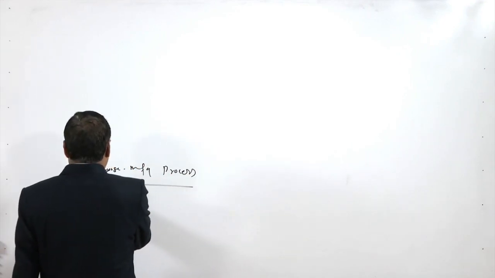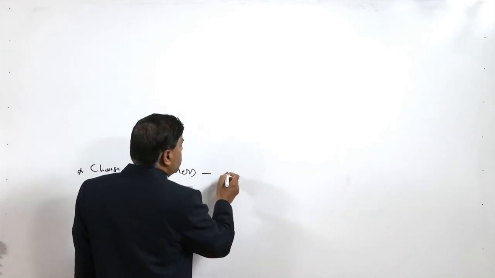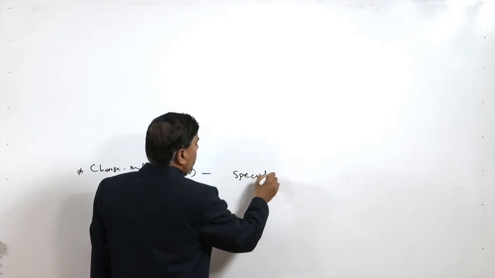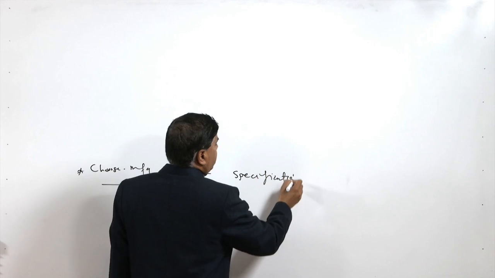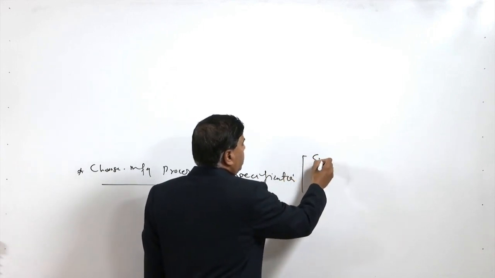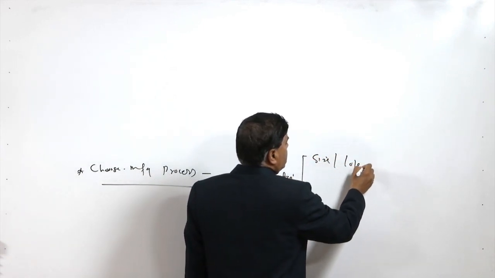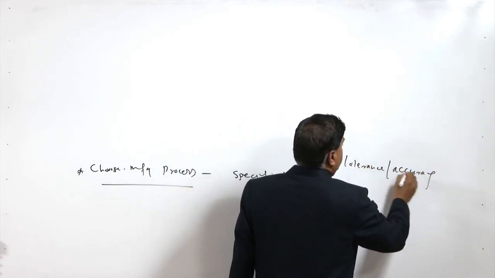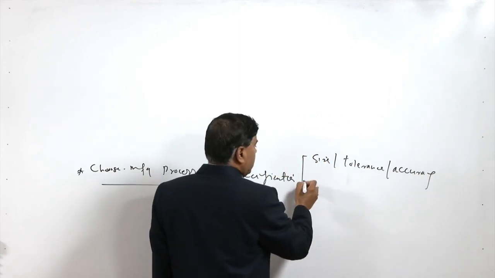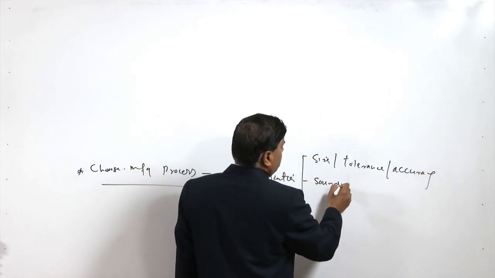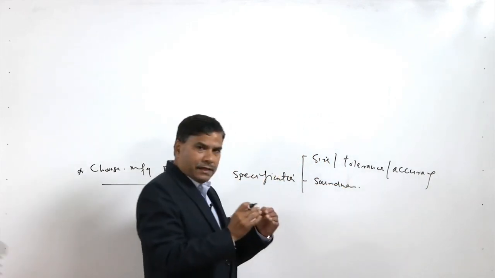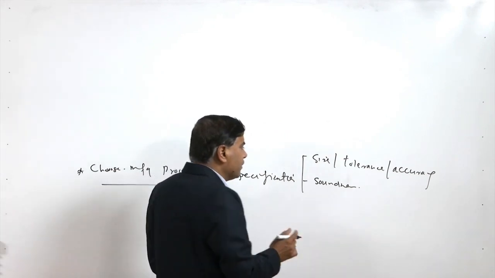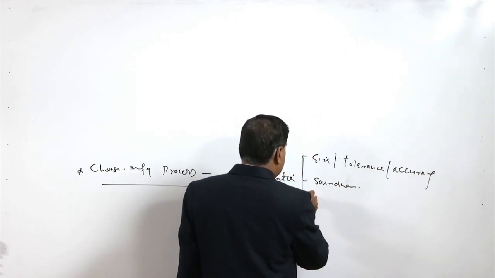So this is the first thing: a process which can make the product with the desired specification. Whatever specifications are there in terms of the size, tolerance, accuracy, all those should be met by the process. And then soundness, with the desired reduced size of the inclusion or reduced porosity, or whatever acceptance criteria is there, that product should meet.